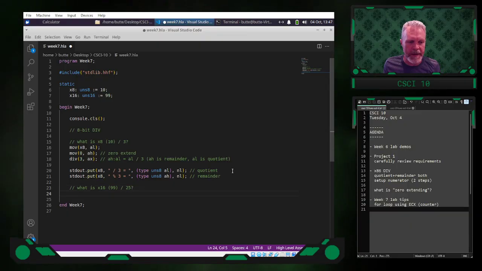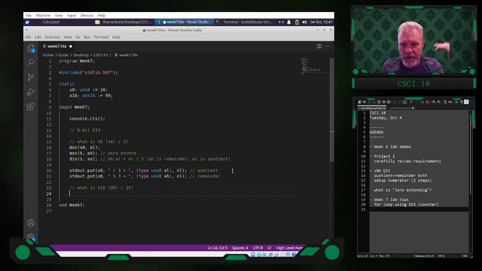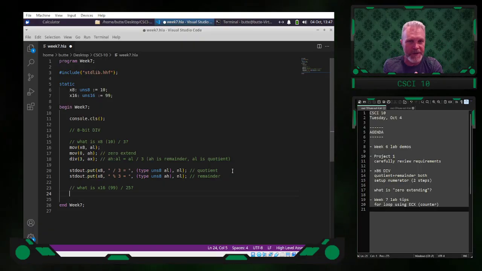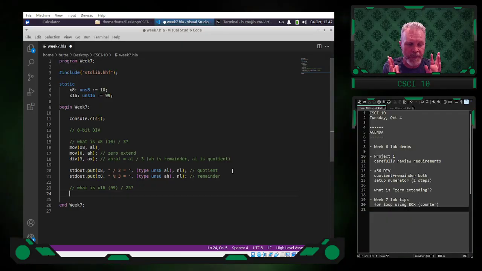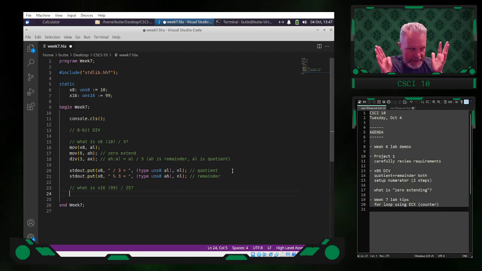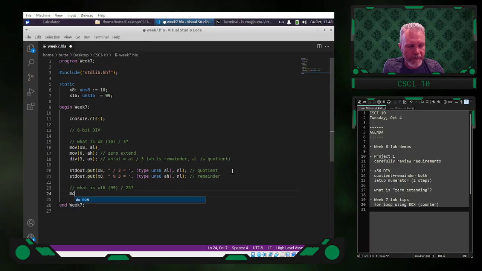So let's do what is X16 divided by 25. So it's still a 2-step setup, and then you just have to remember what size you started with and where you're going. So if I'm doing 16-bit operands, I need 32 bits of results. So we'll do the setup.